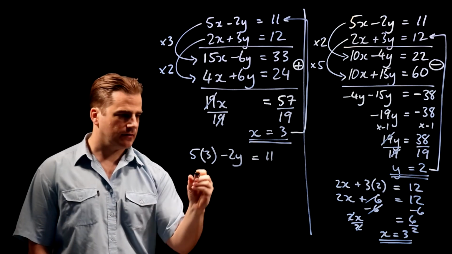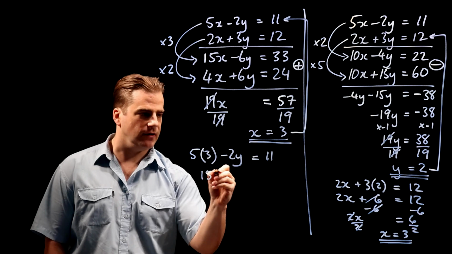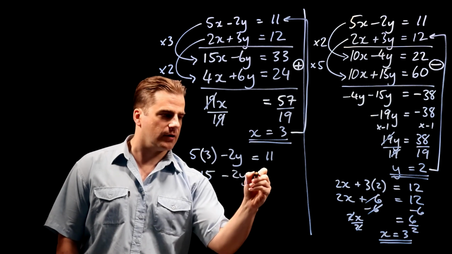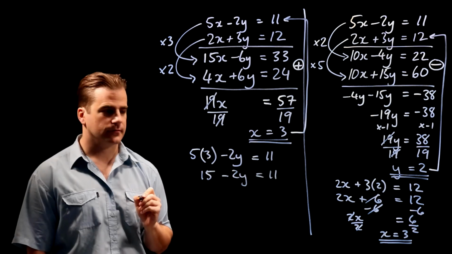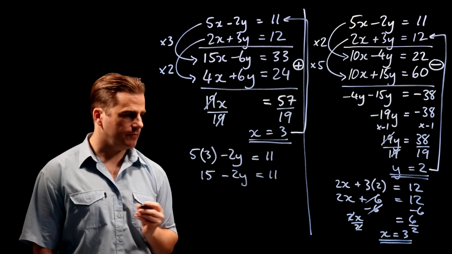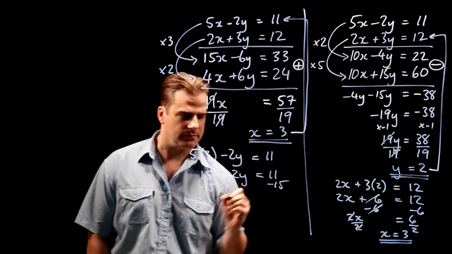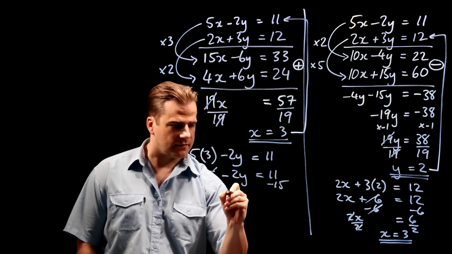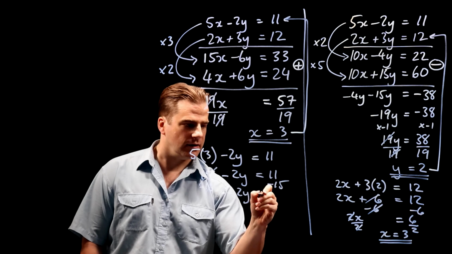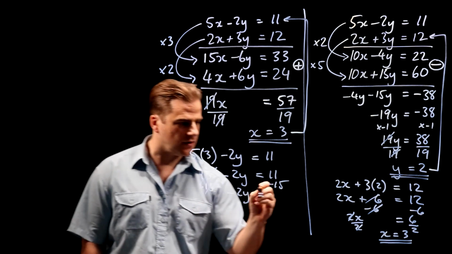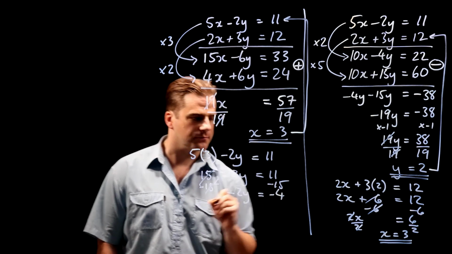Multiply out the bracket. 5 times 3 is 15. Minus 2y equals 11. Take the 15 over there by subtracting 15 from both sides. So we get minus 2y equals 11 minus 15 is minus 4.